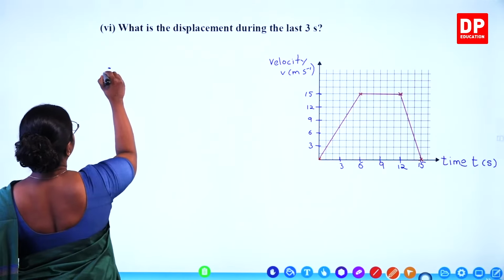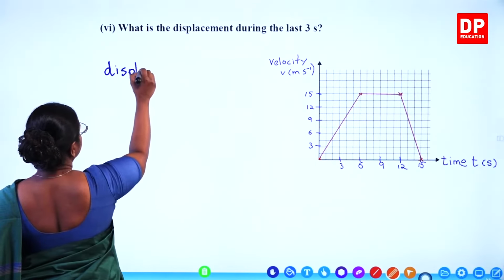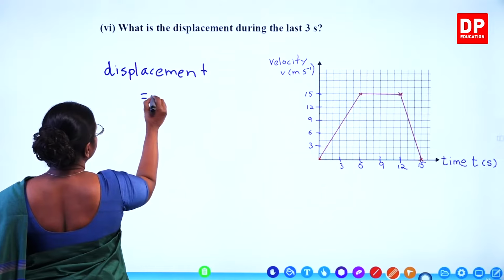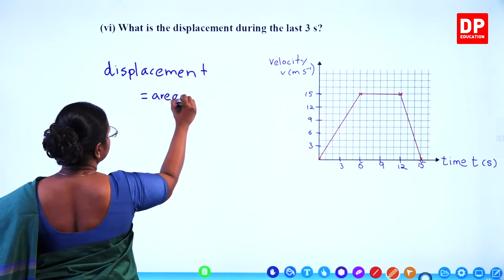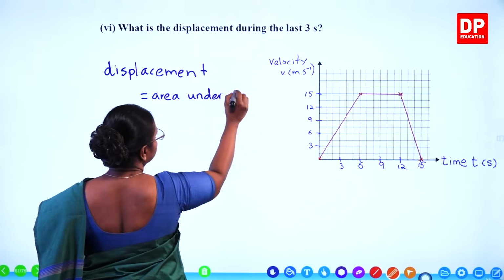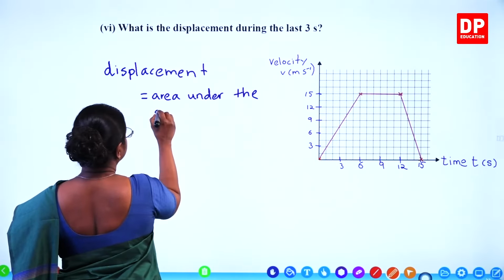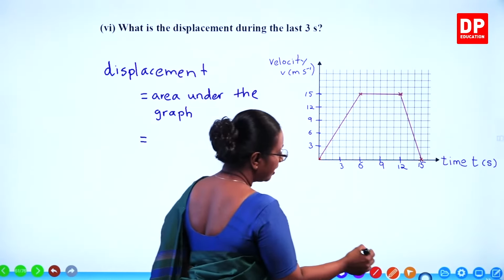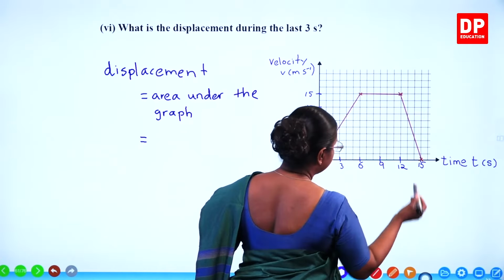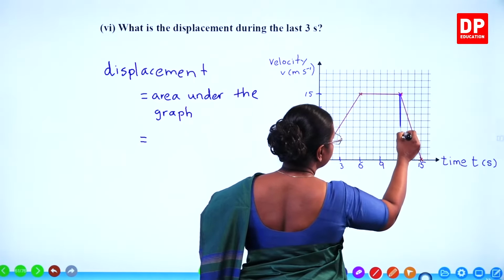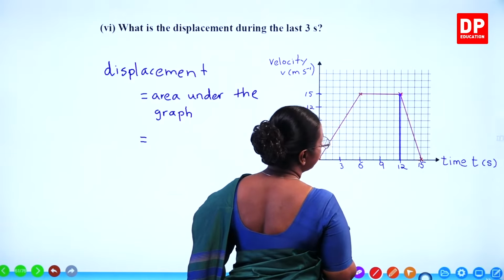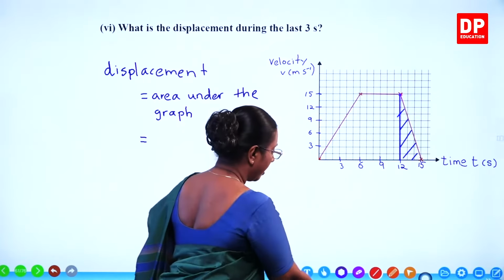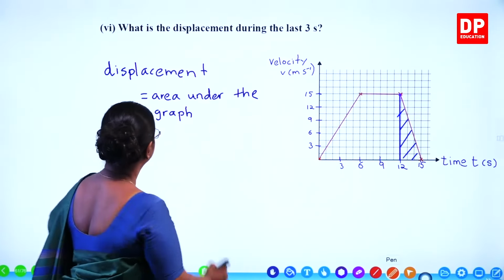So here again, displacement will be equal to the area under the graph. So that is the area again. If I mark it here, it is this triangle. So we will have to calculate the area of this triangle.